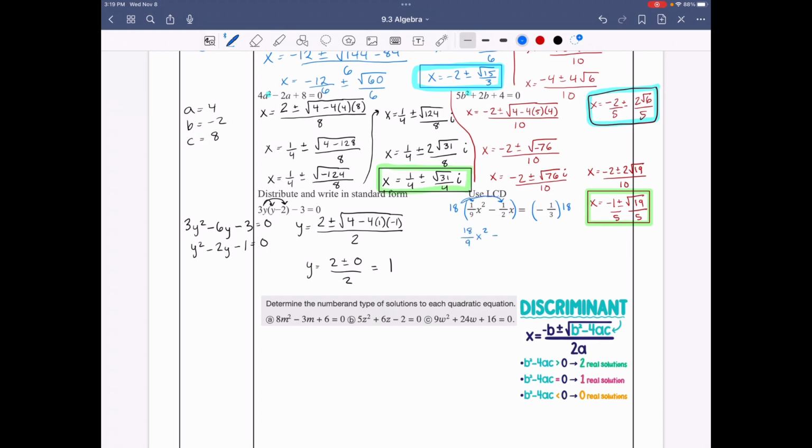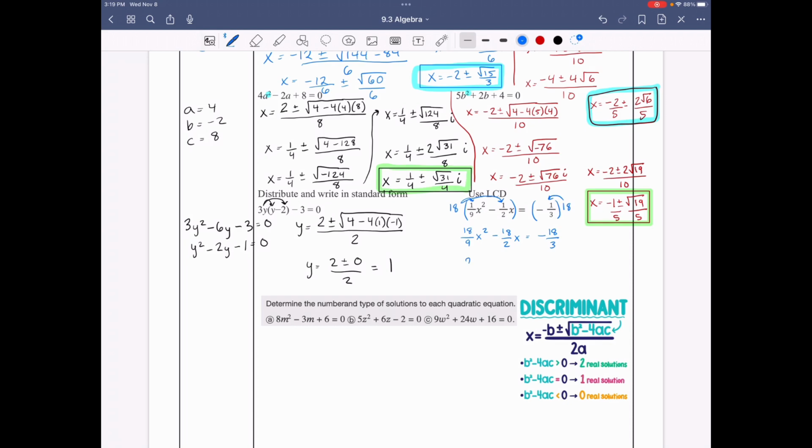And 18 times negative 1/2 is negative 18 over 2x. And then on the other side, we would have negative 18 over 3.